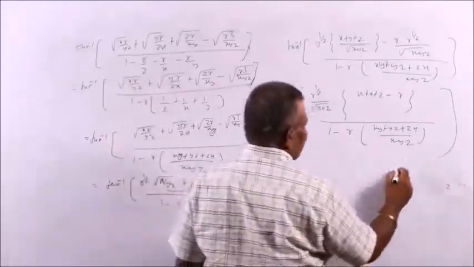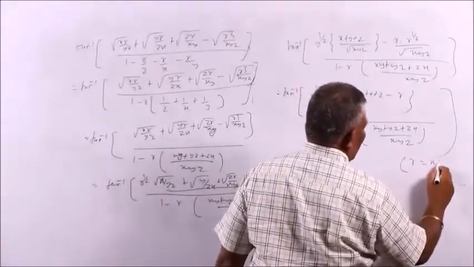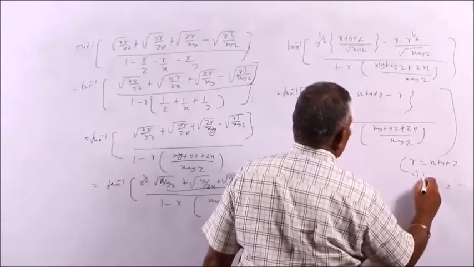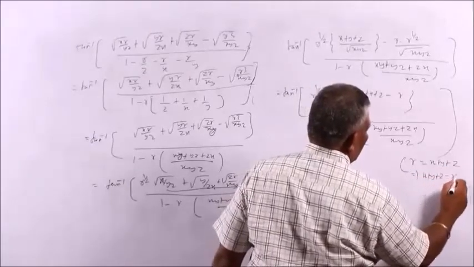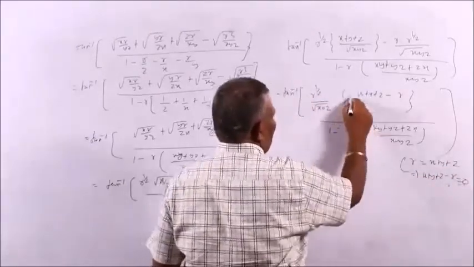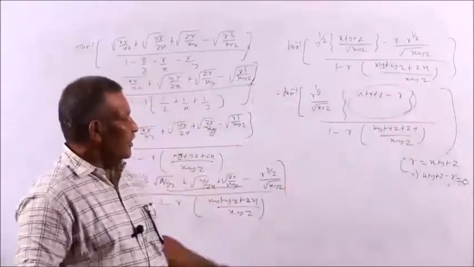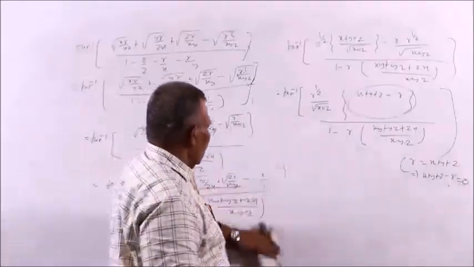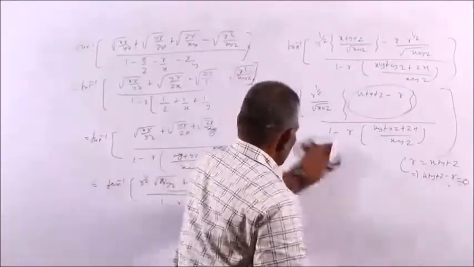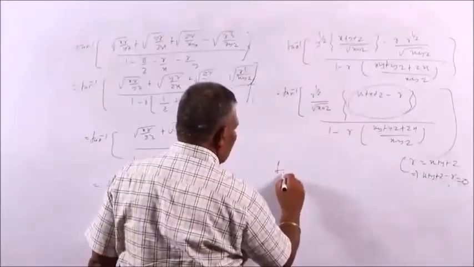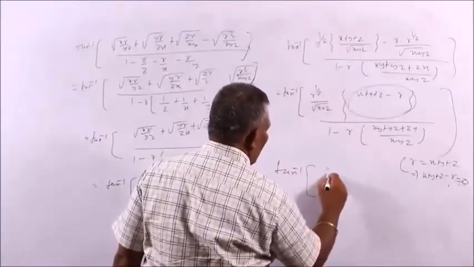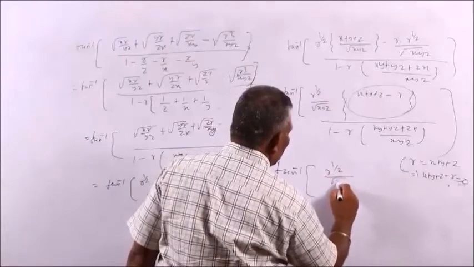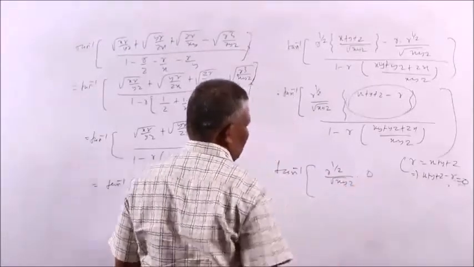According to the question, r equals x plus y plus z, that implies x plus y plus z minus r equals 0. So now this numerator will reduce to 0. So that is tan inverse, r to the power half root over xyz into 0.